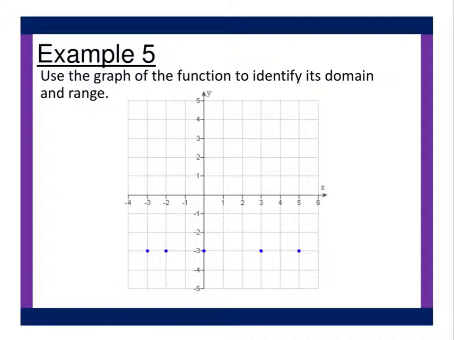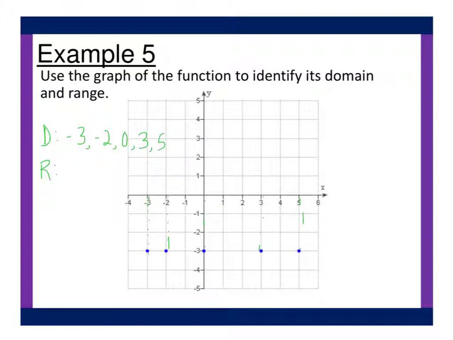This last one looks kind of weird, but is actually probably the easiest of these because of what we did yesterday. If we look at each of these points, because they're just points, we're going to have to list the x values and the y values like we did yesterday. This point has an x value of -3, so -3 is part of my domain, and this one has an x value of -2, so -2 is part of my domain, and so on. 0, 3, 5.